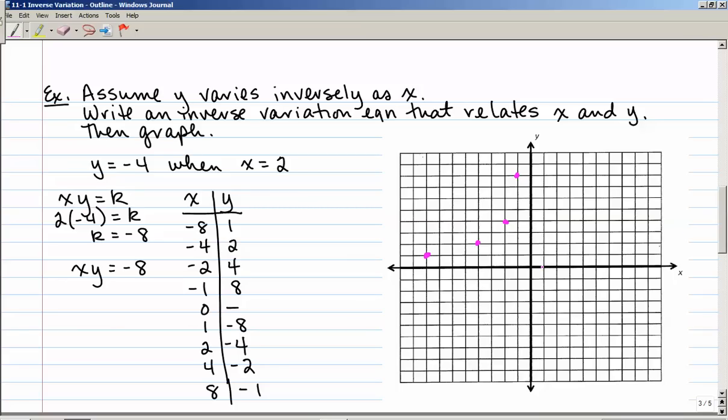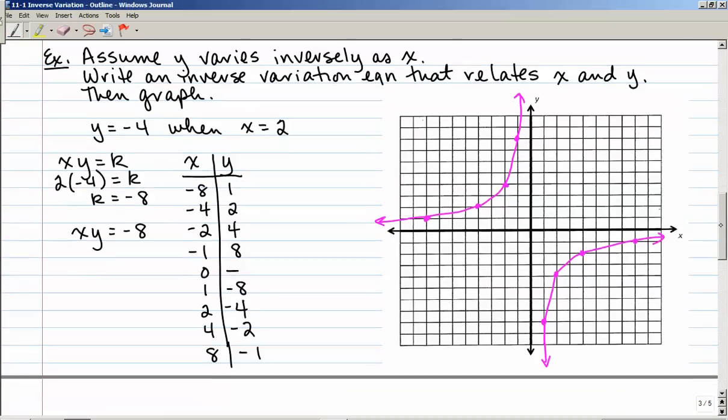And over here we have 1, negative 8. 2, negative 4, 4, negative 2, and 8, 1. And the graph is going to look like this. It curves towards the x and y axes, but never touches them, because x can never be 0 and y can never be 0.